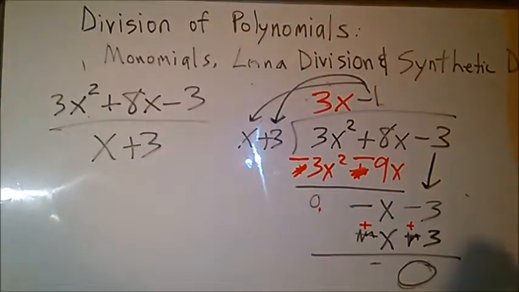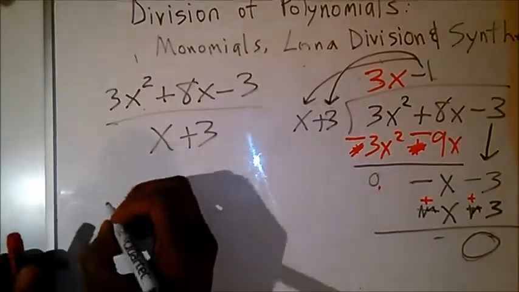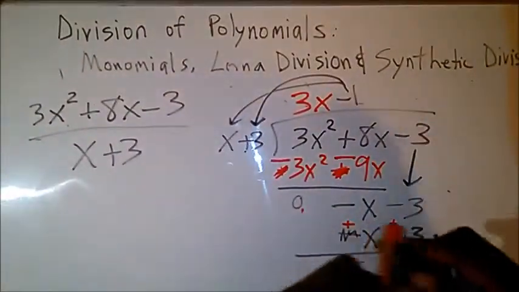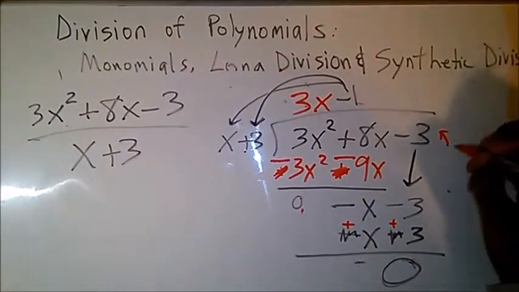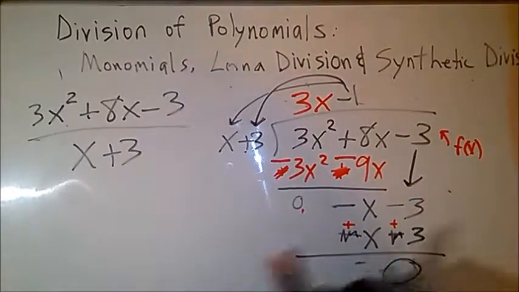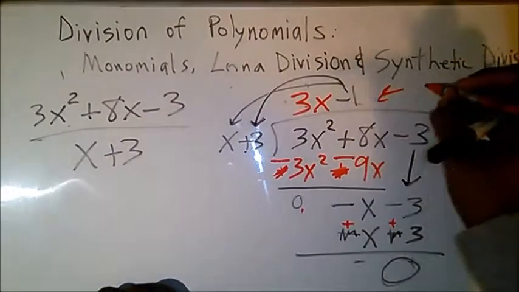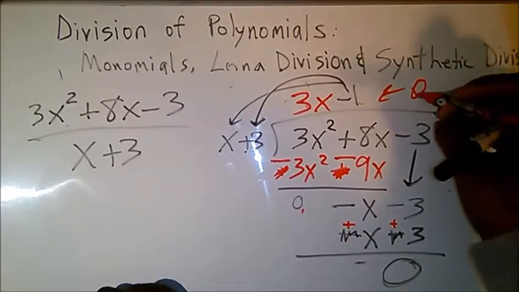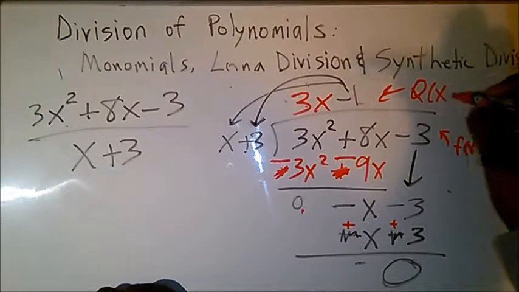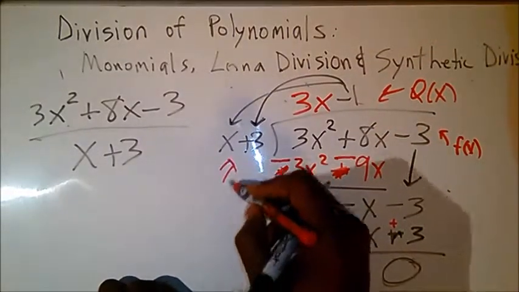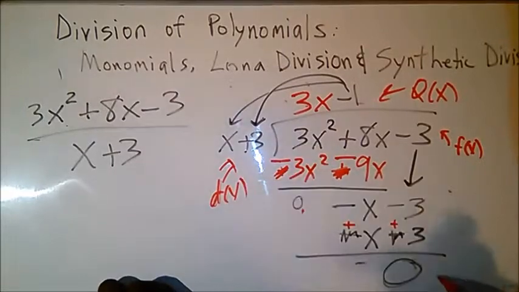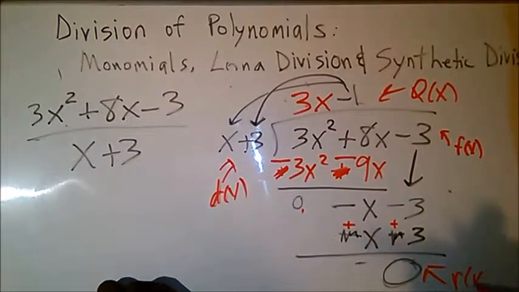And remember, I express it in this way. This was my f of x here. This here is my answer, or my quotient, q of x. This here is my d of x. This is my remainder. My remainder is 0.